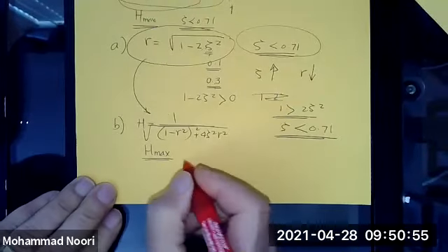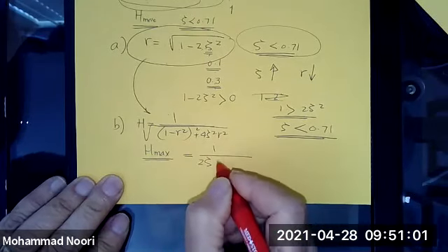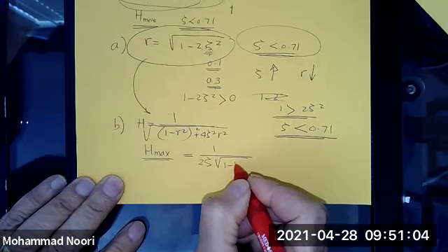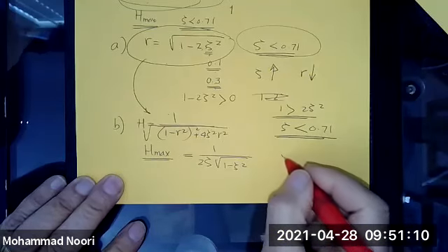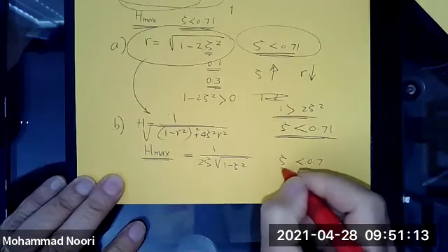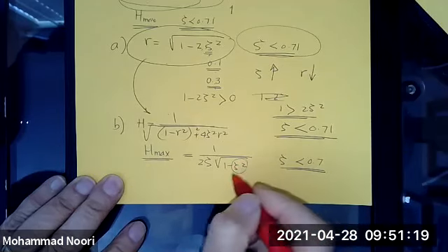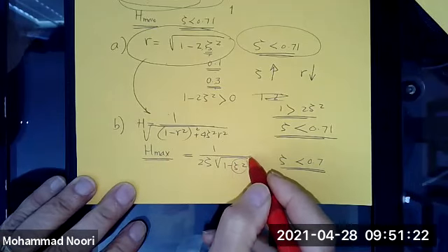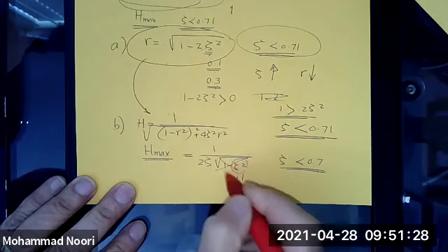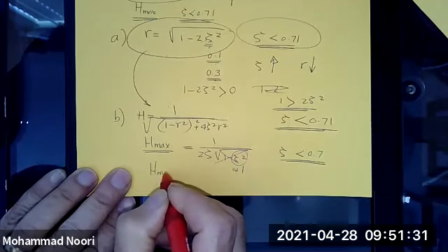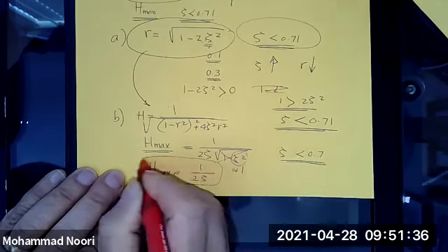If you do that, you find that the maximum value would be 1 over 2 zeta times the square root of 1 minus zeta squared. Given that zeta is less than 0.7, zeta squared is a small number. So we can say that approximately this whole thing is almost equal to 1 because this is negligible. So H max is almost equal to 1 over 2 zeta.